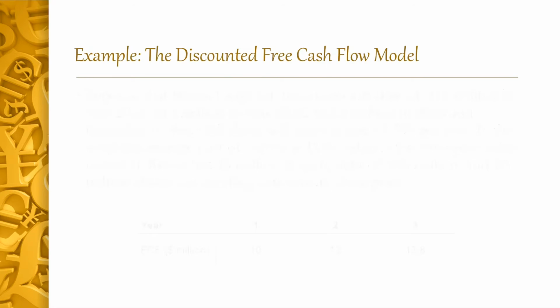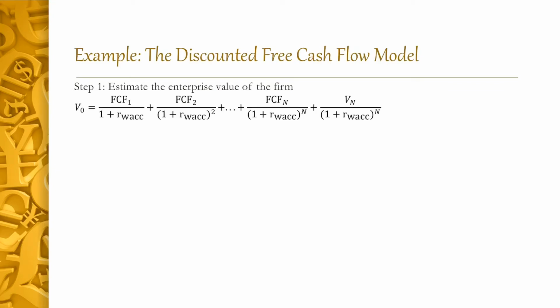Okay, so I'm going to solve this question in two steps. In the first step, we are going to calculate the enterprise value of the firm. To do that, this is the formula that we are going to use.